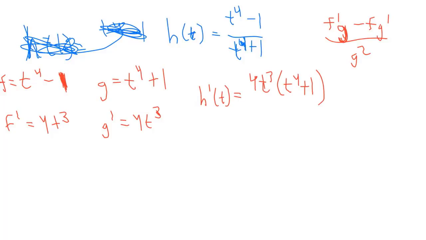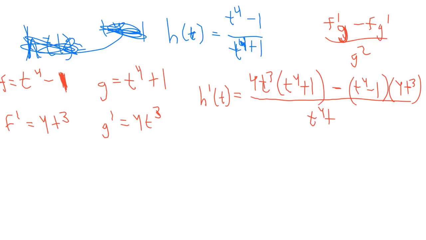And we're subtracting, so remember the subtraction, f times g prime. So t to the 4th minus 1 times 4t cubed. And if you think about the fact that these look very similar, you might just think that a lot of things will cancel, and they will. So don't forget to write that denominator as well, and don't forget to square it.